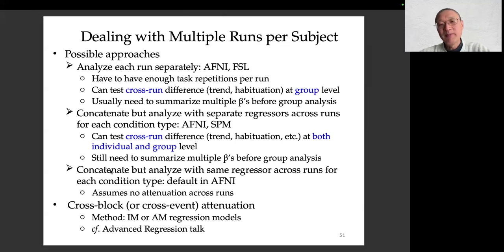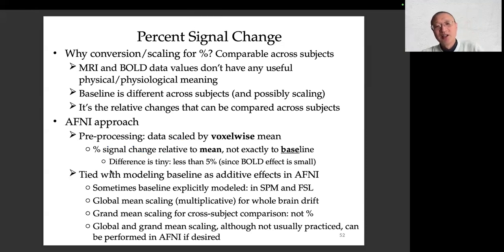Lastly, I already discussed earlier the multiple runs, why usually we can combine multiple runs into a single model instead of separate models for each run. Lastly, I want to talk about percent signal change, because this is definitely unique. This is associated with a preprocessing step called scaling.